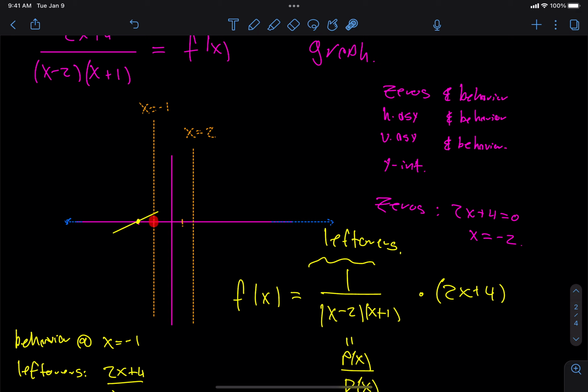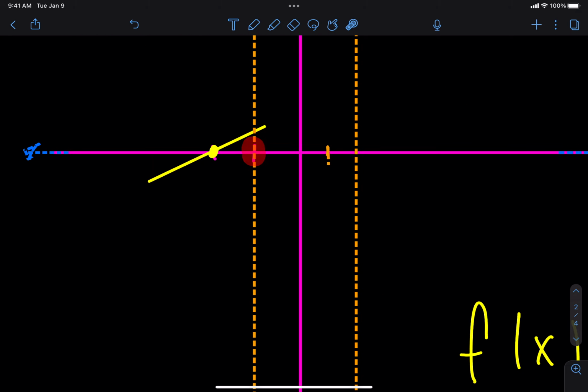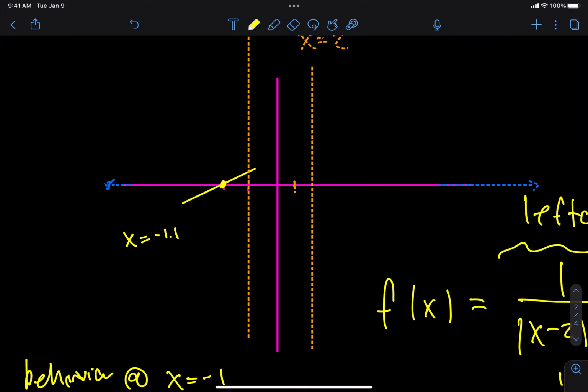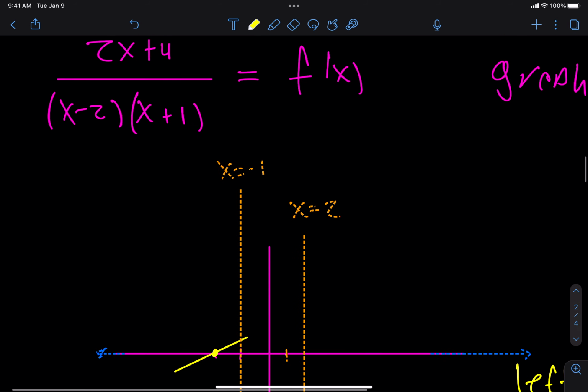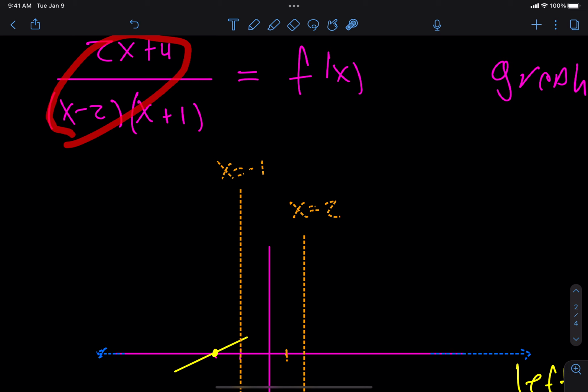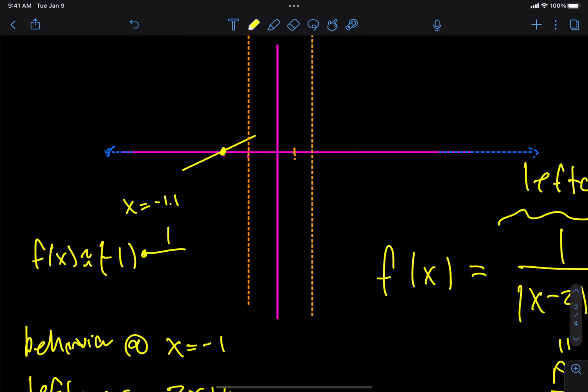Then I imagine, well, what is going to happen when I plug in a number which is very close to -1, but smaller than -1? So think about plugging in something like x equals -1.1. Then I know that f of x will be close to whatever the sign of the leftovers is, times the remaining bit that we have. The leftovers take care of this. The remaining bit that I have is 1 over (-1.1 plus 1).